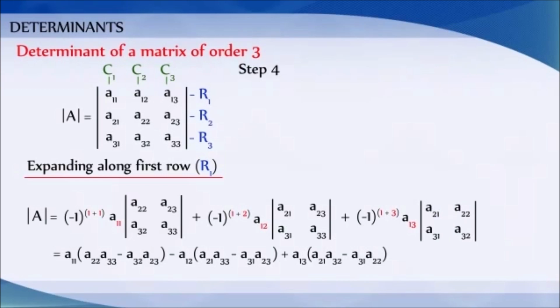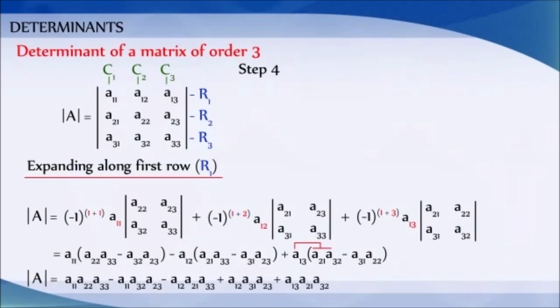Therefore, the final answer of determinant of A when we expand along the first row R1 is a11 a22 a33 minus a11 a32 a23 minus a12 a21 a33 plus a12 a31 a23 plus a13 a21 a32 minus a13 a31 a22.